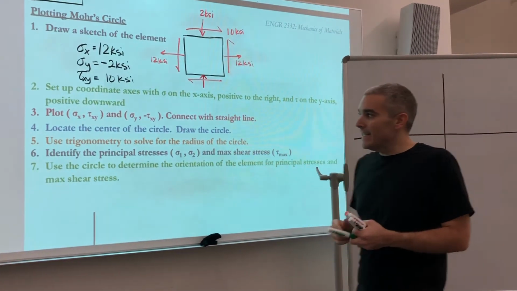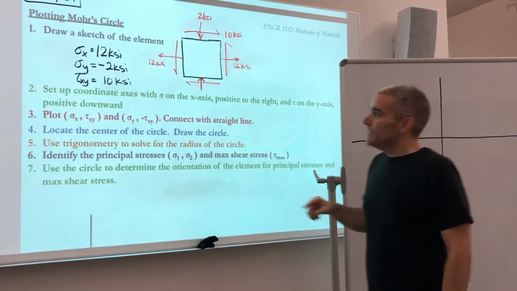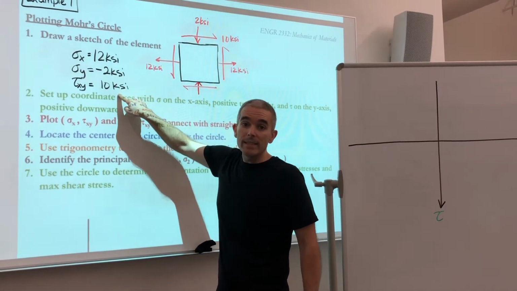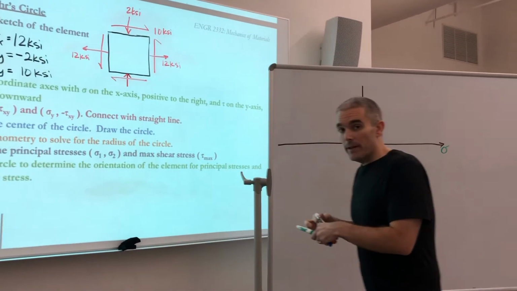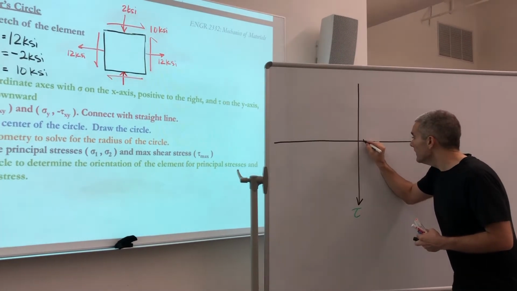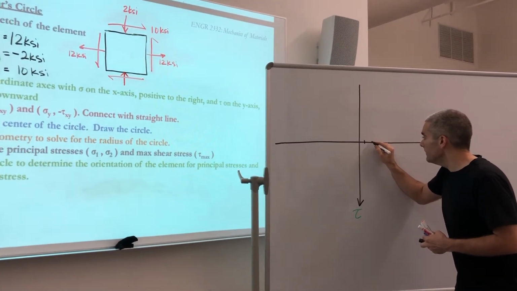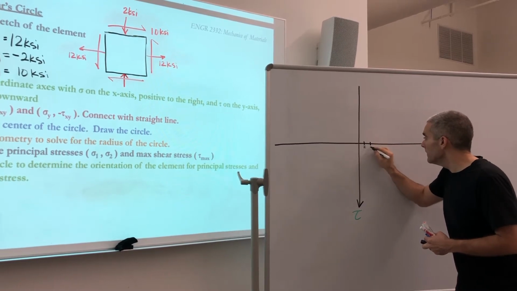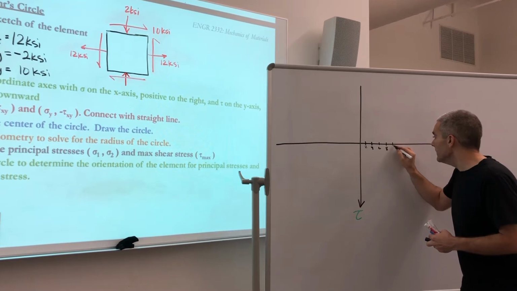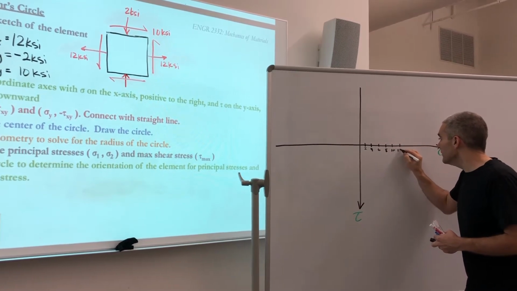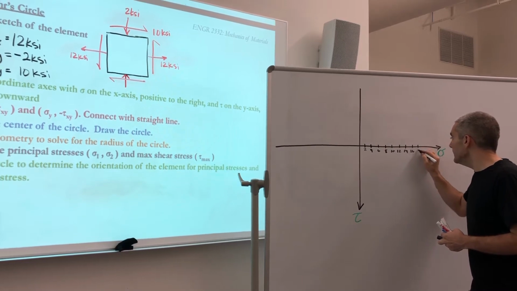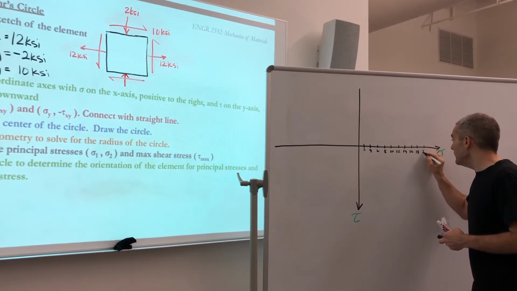Step 3, plot sigma x, tau xy. So we want to plot positive 12, positive 10. I'm going to come into my coordinate axis: 2, 4, 6, 8, 10, 12, 14, 16, 18, 20.